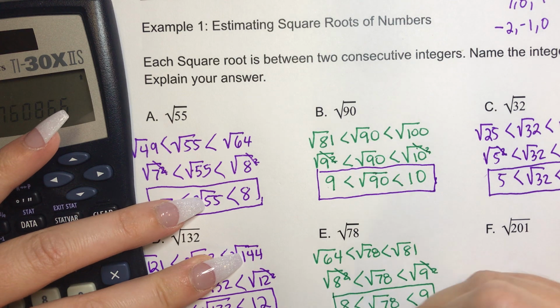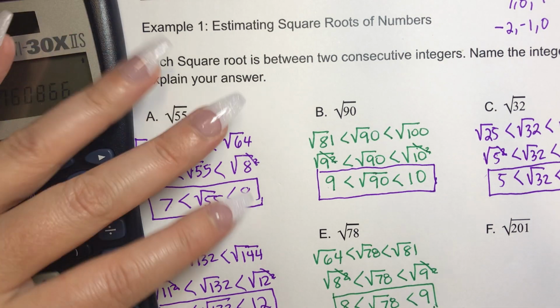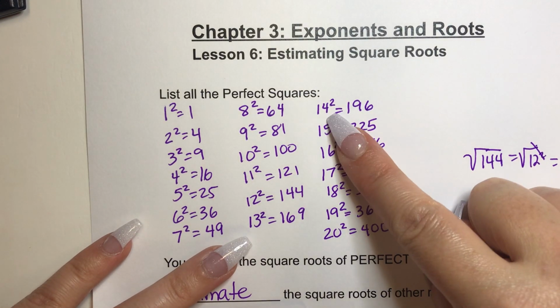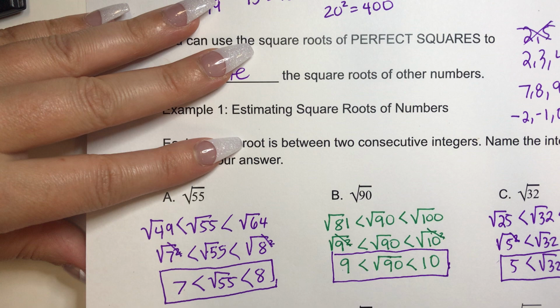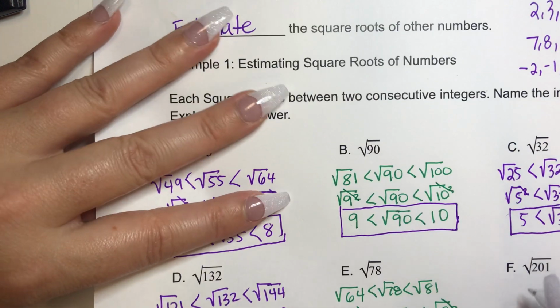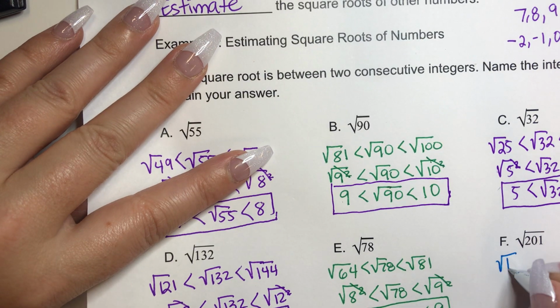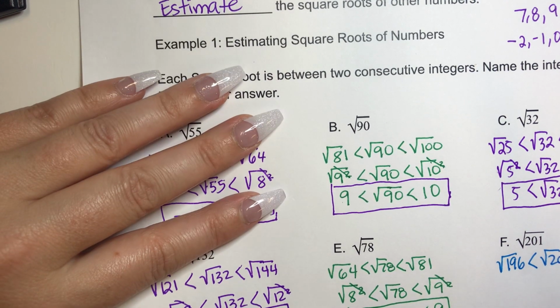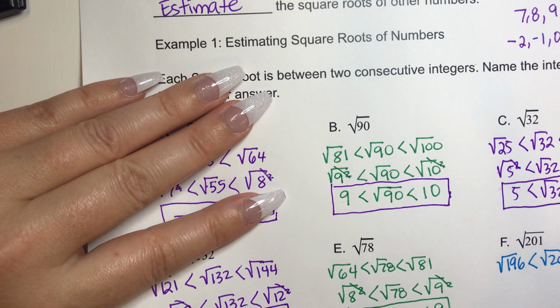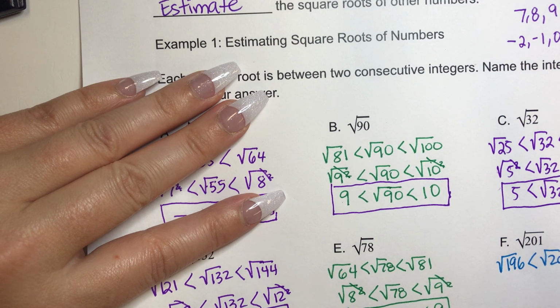Let's move on to this last one here, the square root of 201. So let's look up here. What numbers is that between? Okay, we got 196 and 225. So the square root of 196. 201's bigger than that, but it's less than the square root of 225.